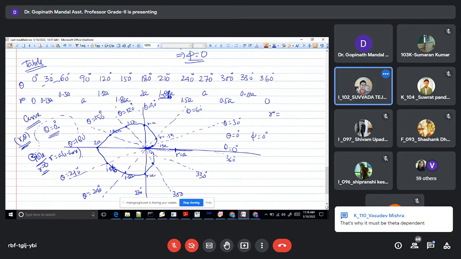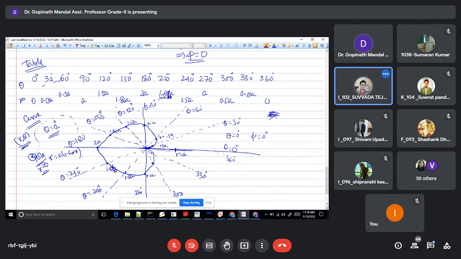That means the curve does not go through the pole, because we can't find the value of theta.